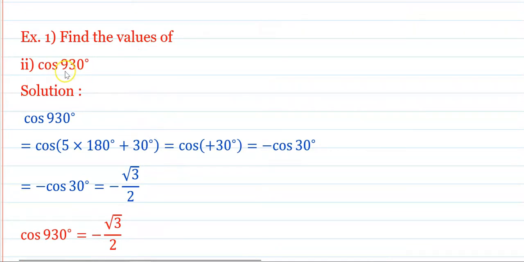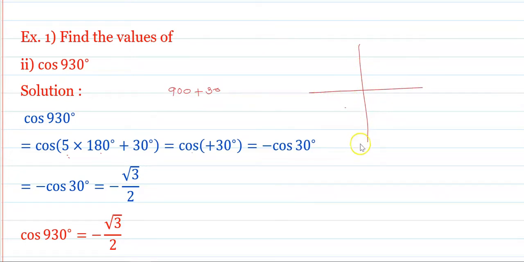cos of 930. Okay, now cos of 930 can be written as 5 into 180 plus 30. Yes, तुम्हाला 18 चा टेबल पूर्णपणे माहिती पाहिजे. That is 930 can be written as 900 plus 30, and 900 means what? 5 into 180. Okay, and therefore I will write here, see this here.